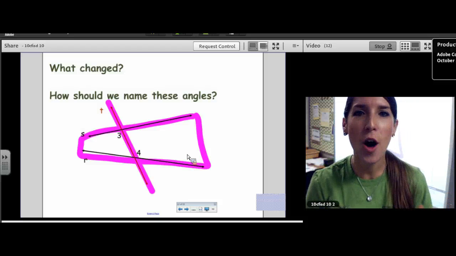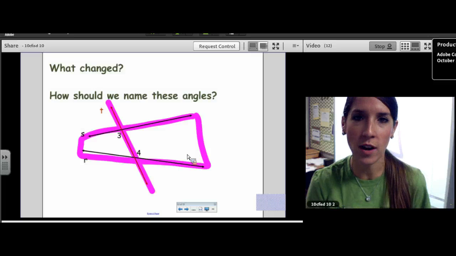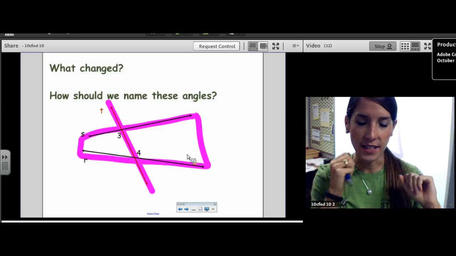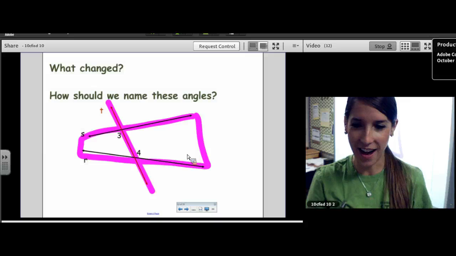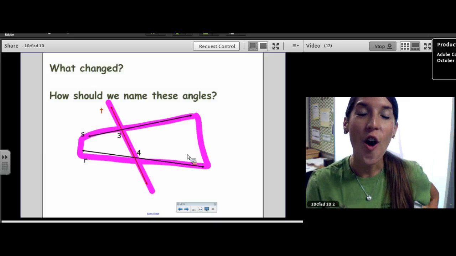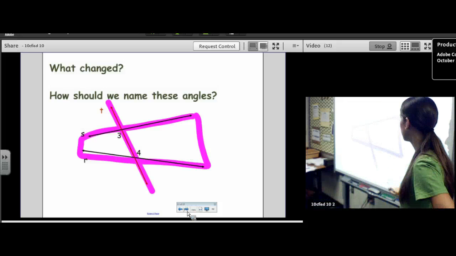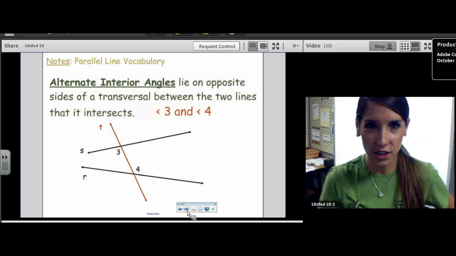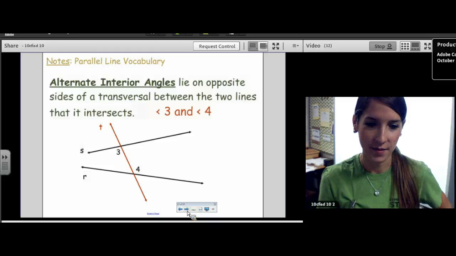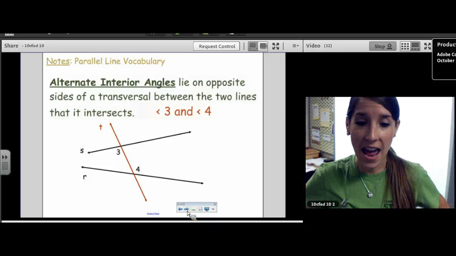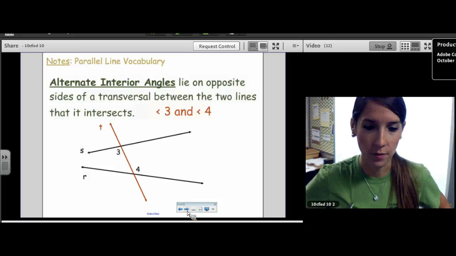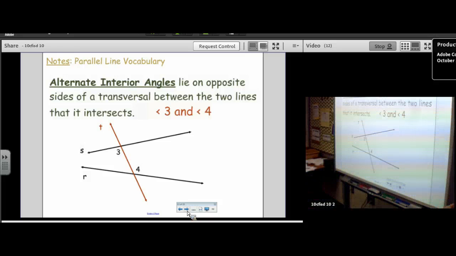But now we can't call them same side anymore because they're on different sides. Oh, Eric knows it already. They're on alternate sides of the transversal. So that is the next word, alternate interior angles. Please write the word and add the numbers to your picture. Write the word and the numbers.